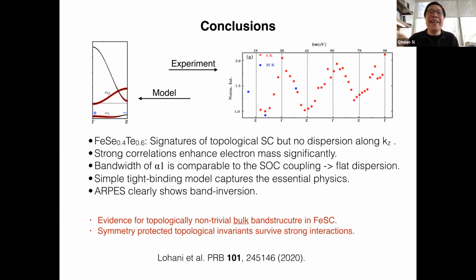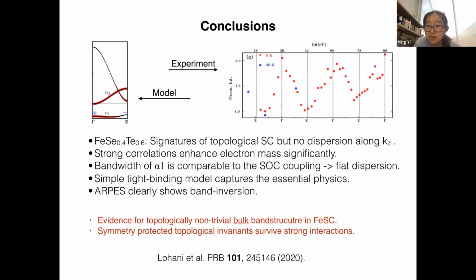But we never thought about the P states, how that renormalizes, and I would expect that interaction will not affect the PZ states that much, except that the Fermi energy is being moved around. And so to me, it's a very interesting question why the Fermi energy should be pinned close to the bottom of the PZ band.